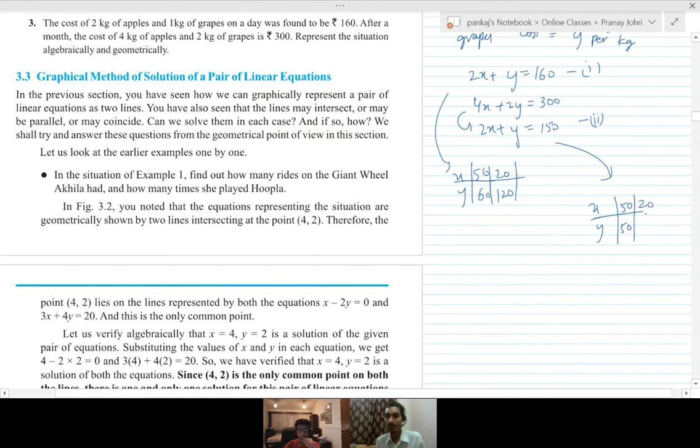Please recheck. Yes, x can be 20 and y can be 110. Okay, I misheard it. I heard 100. Fine. So graph.